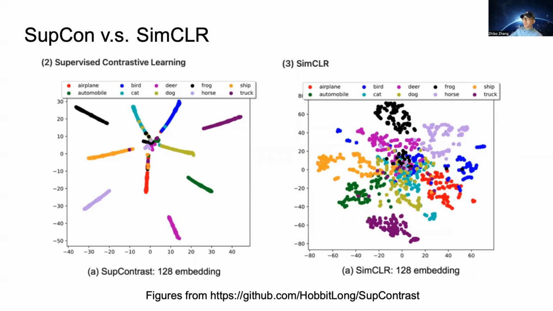Which is very interesting and encouraging, right? It means that the extra layer of supervision that comes from the labels themselves is very helpful in the case of contrastive learning.